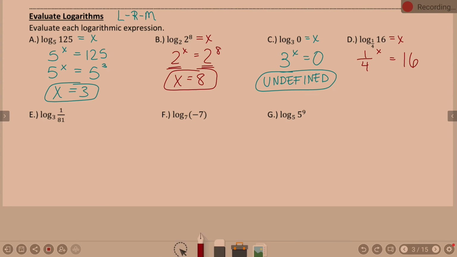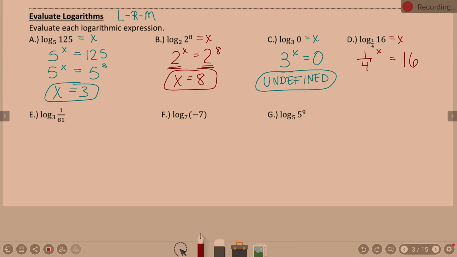Okay. So what do we know about fractions, guys? This 4 in the denominator. Don't go decimals on me. How do I get that 4 out of the denominator? I can give it a negative exponent, right? So right now, this is 4 to the positive first.